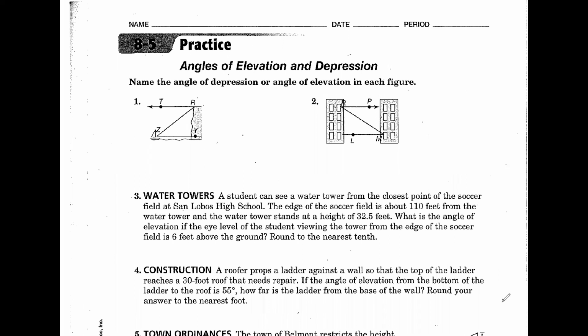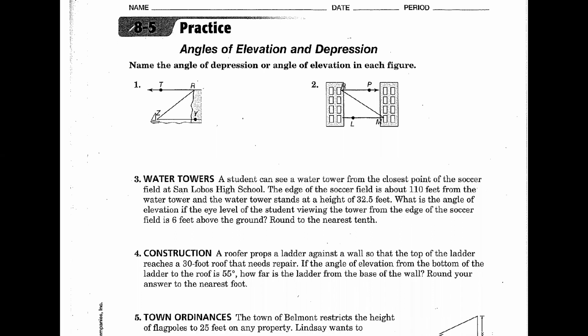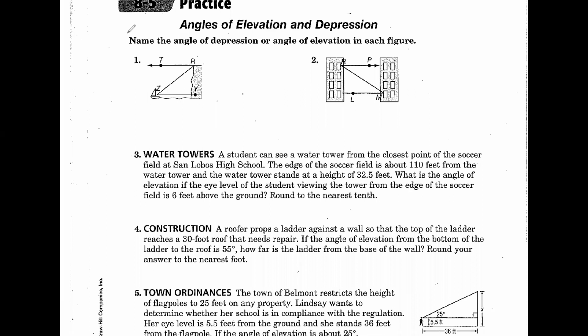All right. On the other side here, start off pretty much the same way. Actually, it's up just a little bit. All right. On 1 and 2, we're doing the same thing that we were doing on the previous page. So angle of elevation, angle of depression. This is depression, this is elevation.